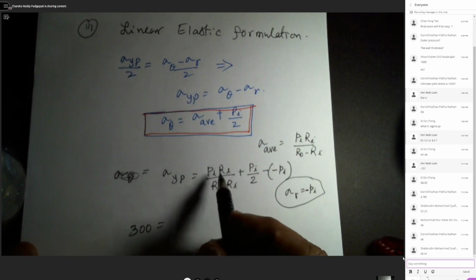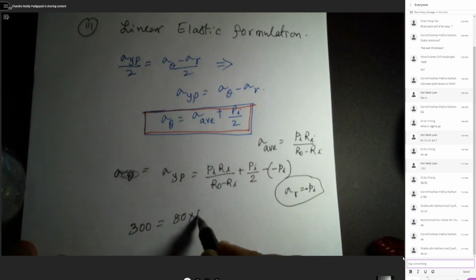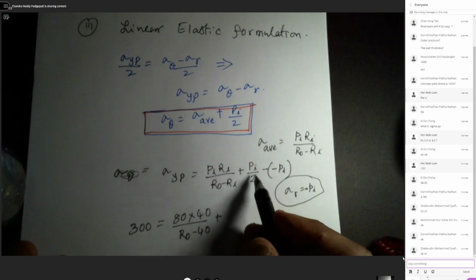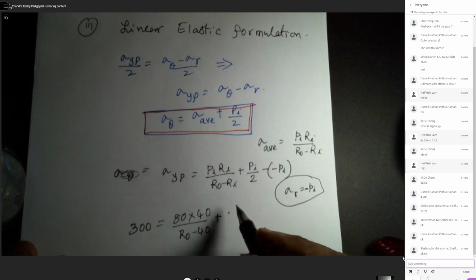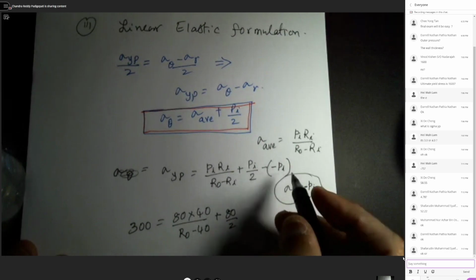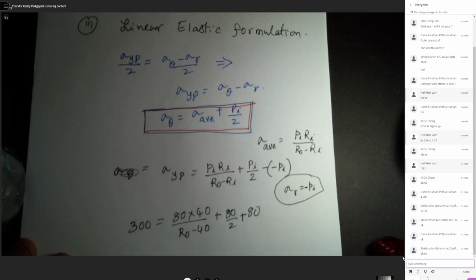Pi, internal pressure, is 80 megapascals. Ri is 40 mm. So 80 times 40 over Ro minus 40, plus pi over 2, which is 80 megapascals over 2, plus pi. So can you find out what is Ro?